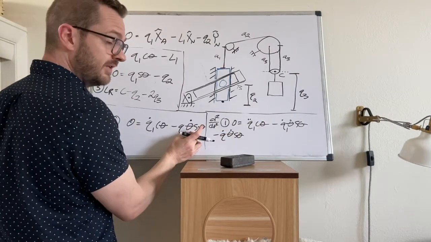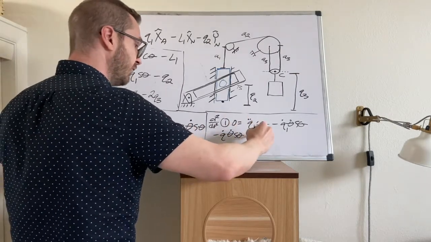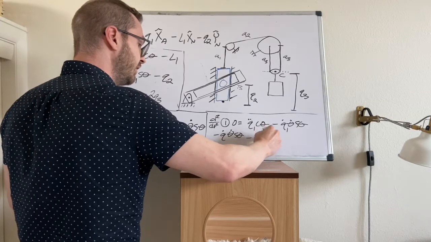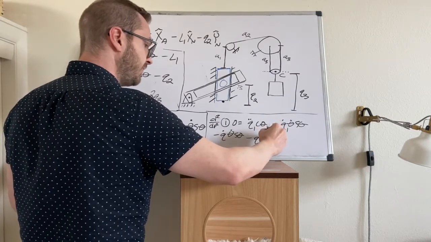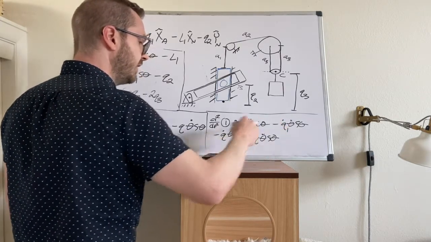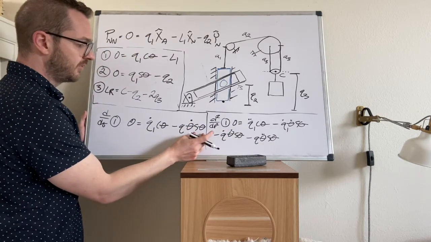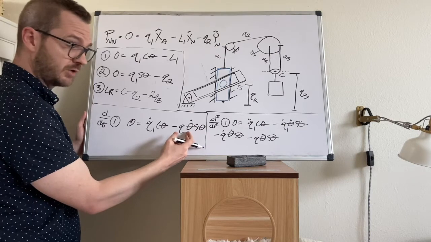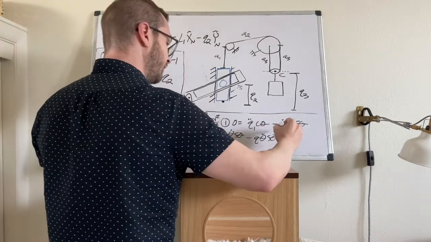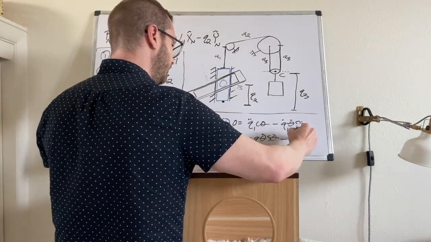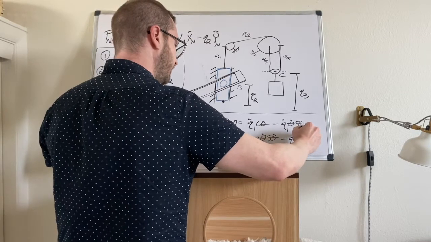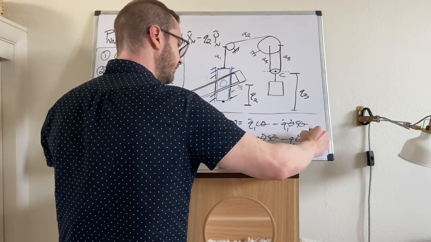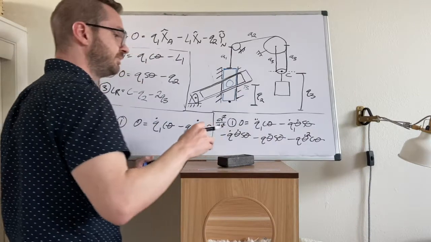Next, it's going to be the d/dt of theta dot, so minus q theta double dot sine theta. And then we need to take the derivative of sine theta. That's going to be cosine theta. Don't forget about chain rule. And we're going to have minus q theta dot squared cosine theta.